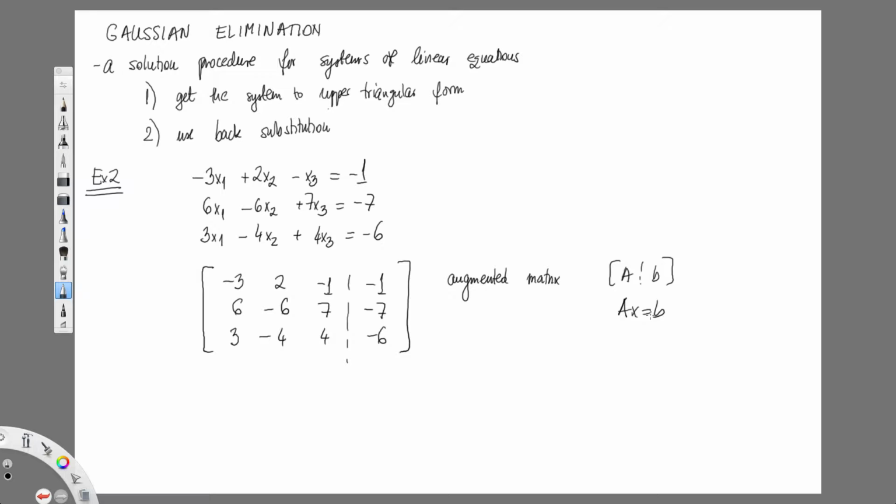Now I could go with lower triangular too, and it would work pretty much the same way. But this is just the system that we have. So I want to get this 6, this 3, this negative 4 to be 0. And that's what we're going to get. So I'm just going down the row up there.